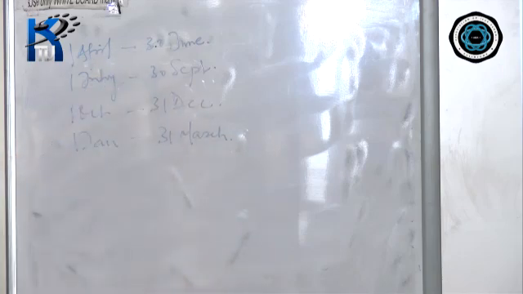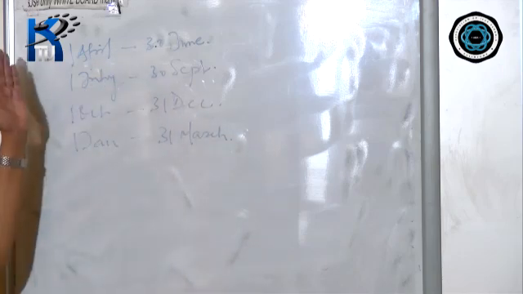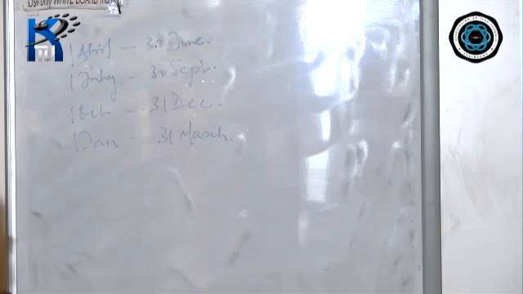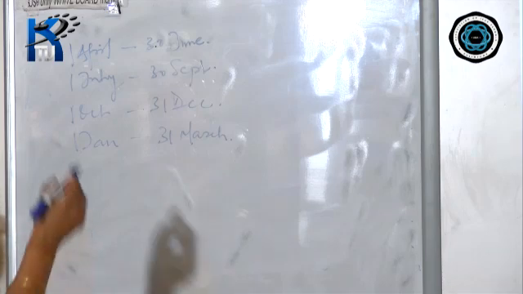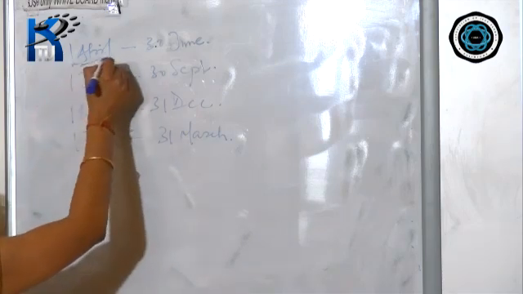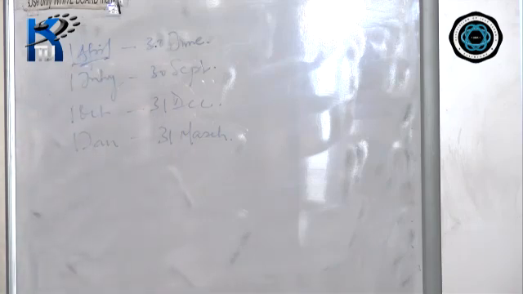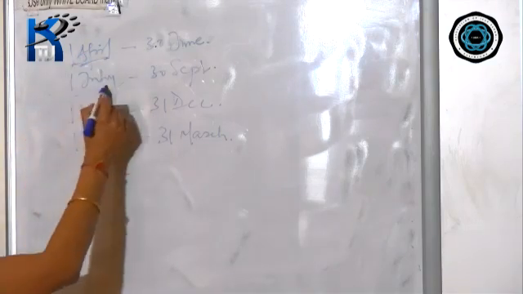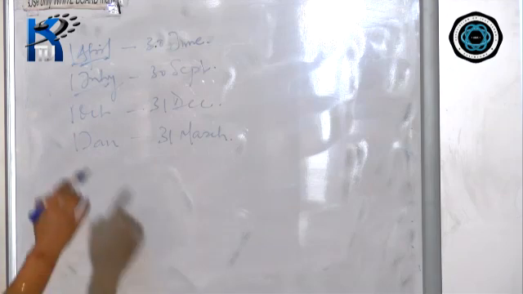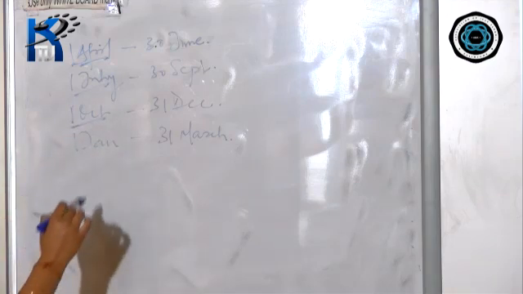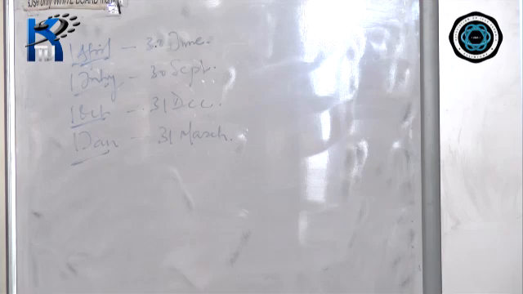So these are the 4 quarters. Beginning of every quarter, what would that mean? The amount has been withdrawn on 1st April. The amount has been withdrawn on 1st July. The amount has been withdrawn on 1st October, and the amount has been withdrawn on 1st Jan.